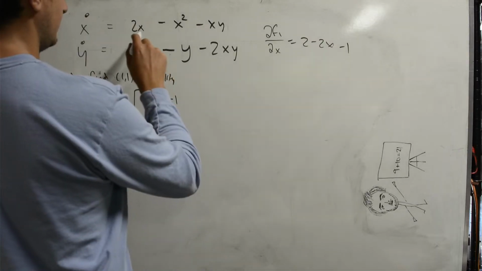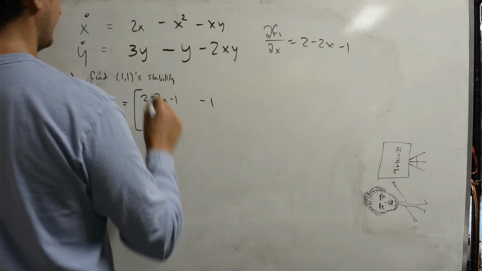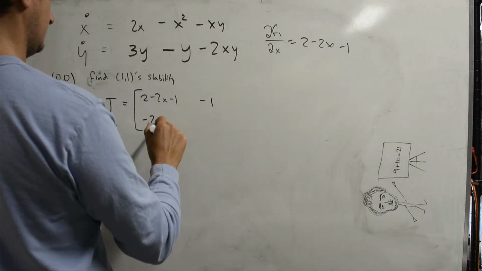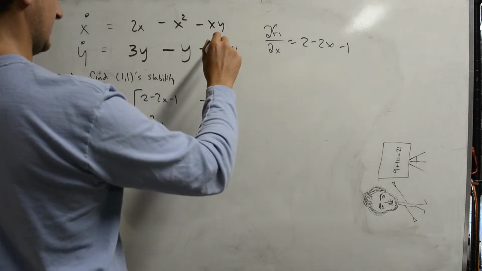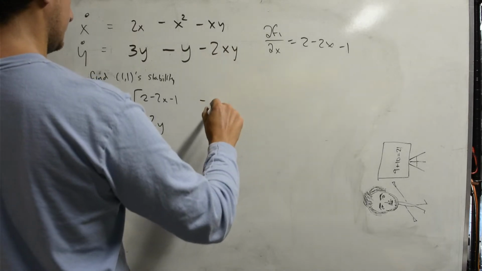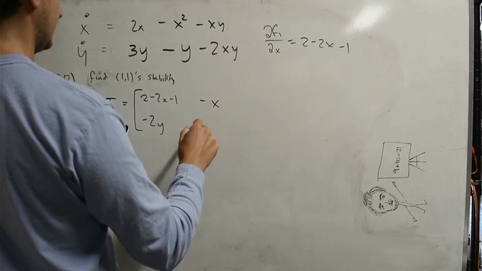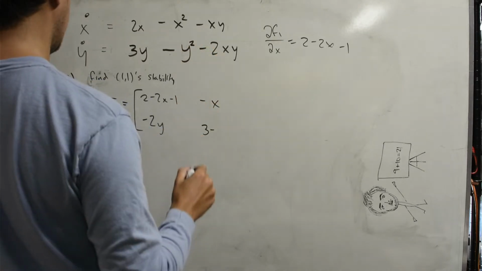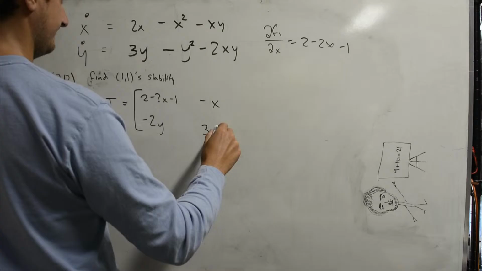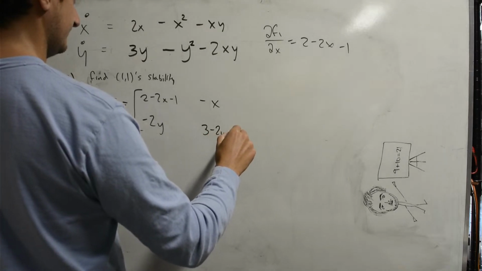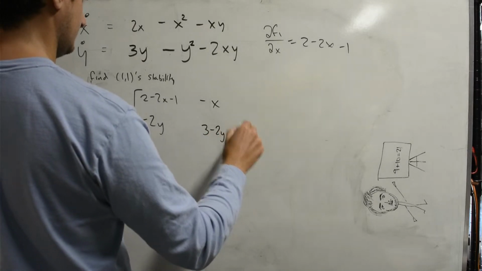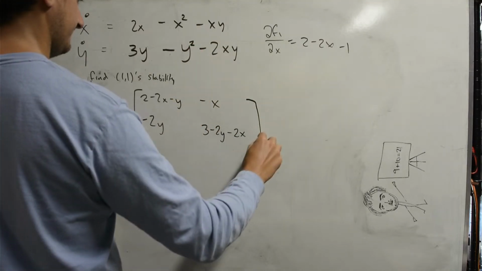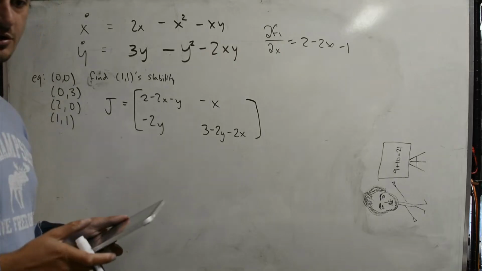Okay, and then this one is going to be 0, 0, minus 1. And this one, with respect to x, is going to be minus 2, 2y. Oh, and this one's going to be minus x. And then this one is going to be 3 minus, this is a 2, right? Okay. All right, so that's the Jacobian.